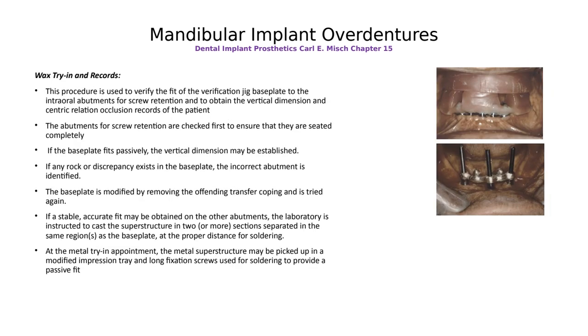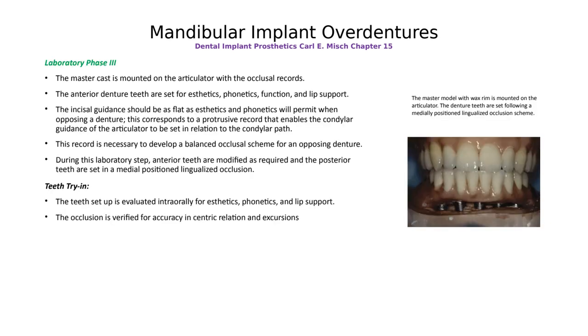Again, after we have the occlusal rim done, it's sent to the dentist for try-in and for taking the measurements. And then it's sent back to us, and we're ready to mount the case and set up the teeth.